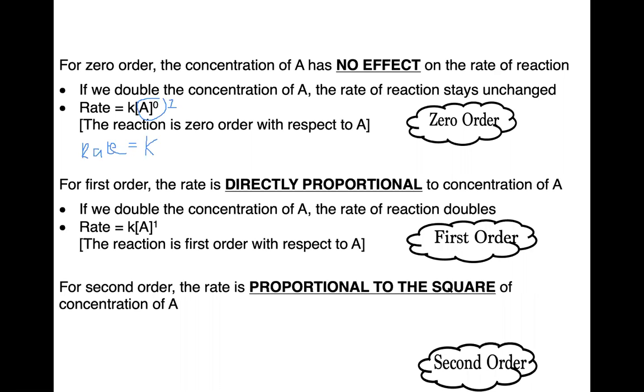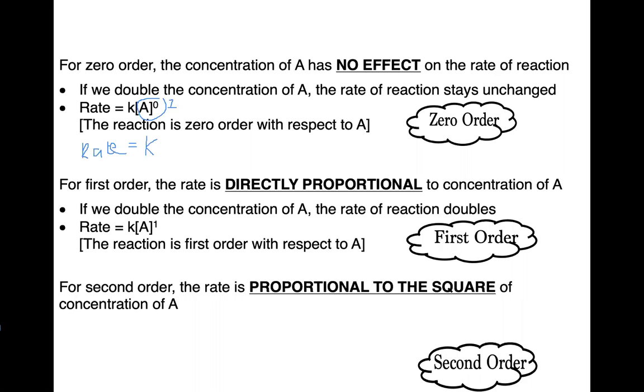If I increase the concentration of A by 3, the rate of reaction will also increase by 3. This is what directly proportional means. Whatever amount I increase my concentration by, the rate will have the exact same effect. Times 3, rate goes up by 3. If I change it by 5, the rate goes up by 5. So that's first order.